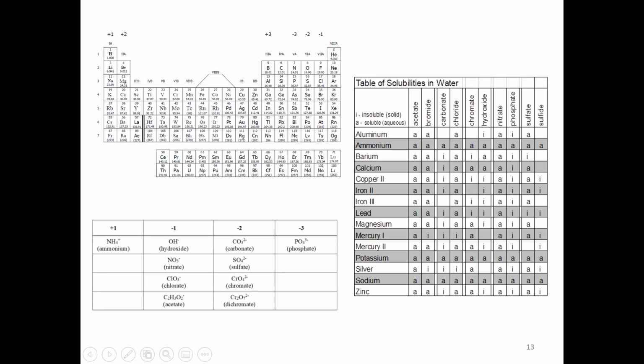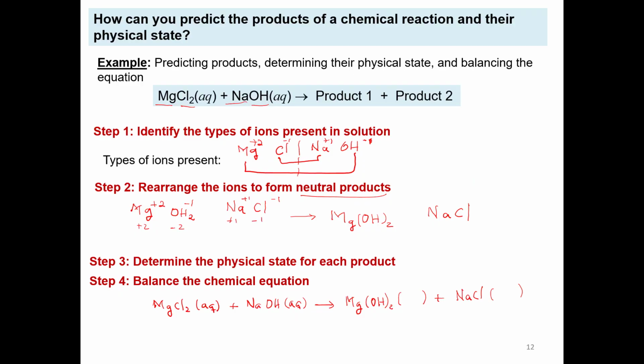We try to find the hydroxide using magnesium. This one is I, insoluble, which means it's solid. Yes, and we want to write here that we have solid in this case.